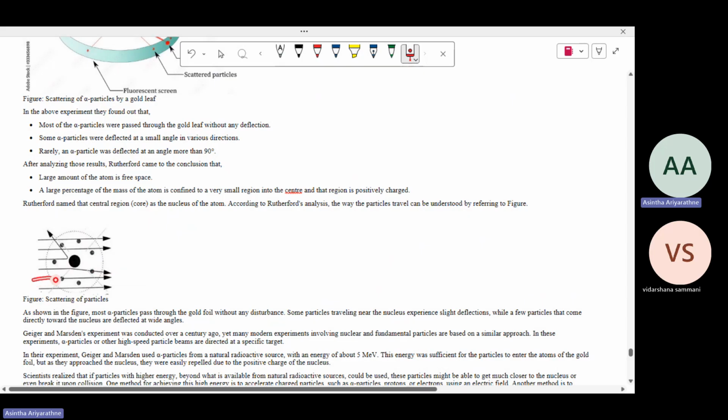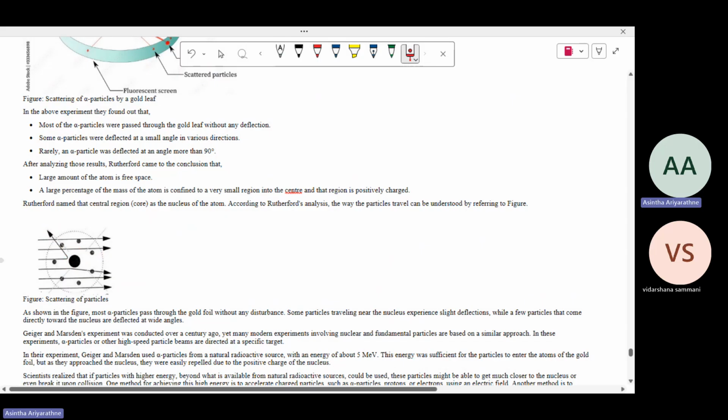When the alpha beam travels far away from the nucleus, it would not be deflected and just follows a straight line. But if there's an alpha ray which comes directly onto the nucleus and hits it, it would get deflected more.